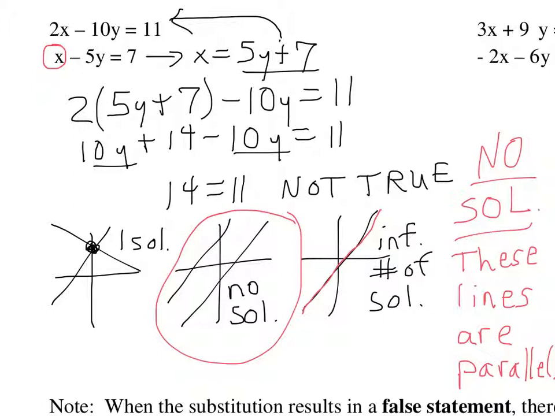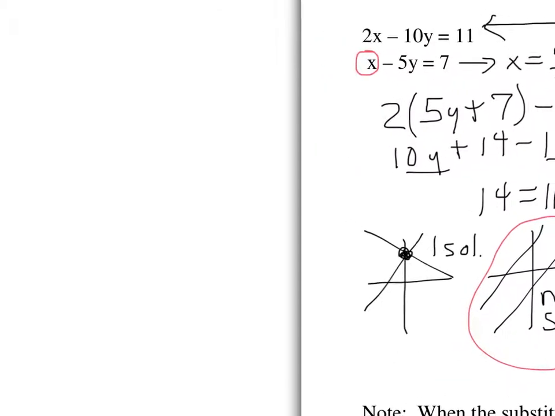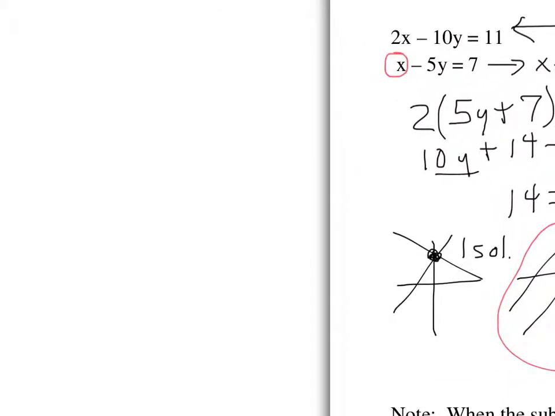We can prove that by looking at the original two lines and seeing what their slope is. So if we solve the first equation, 2x minus 10y equals 11, let's solve that equation for y. Let's subtract 2x from both sides.